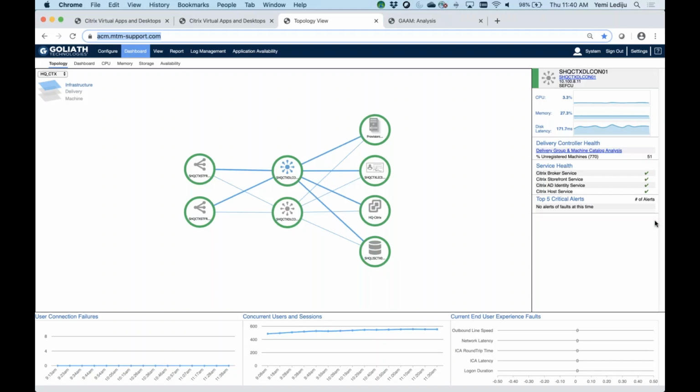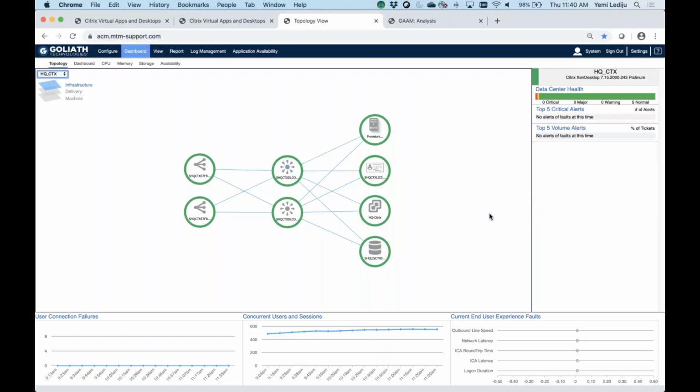This will automatically map out the entire Citrix delivery infrastructure, show you exactly how components are connected to each other, and leverage about 300 monitoring rules that we apply to the environment right out of the box. These monitoring rules are monitoring for conditions, failure points, and events, based on the type of components that you have in your environment.